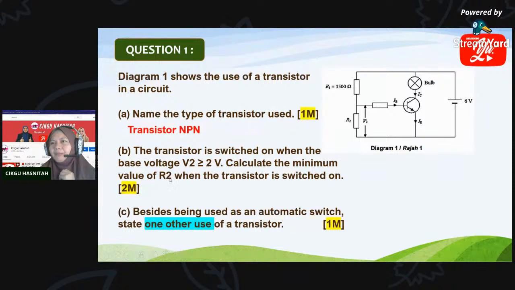Calculate the minimum value of R2 when the transistor is switched on. Yes, NPN, correct. So how to do this? How to solve these questions?